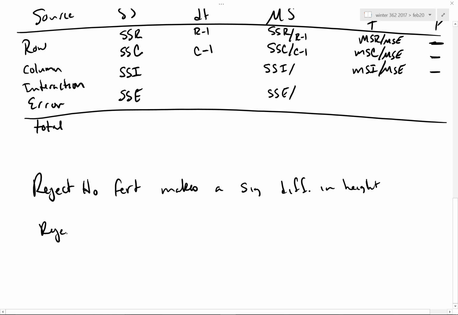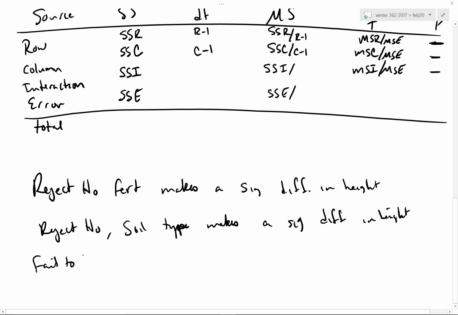Reject H naught. Soil type makes a significant difference in height. Okay, and then fail to reject. There's no interaction.